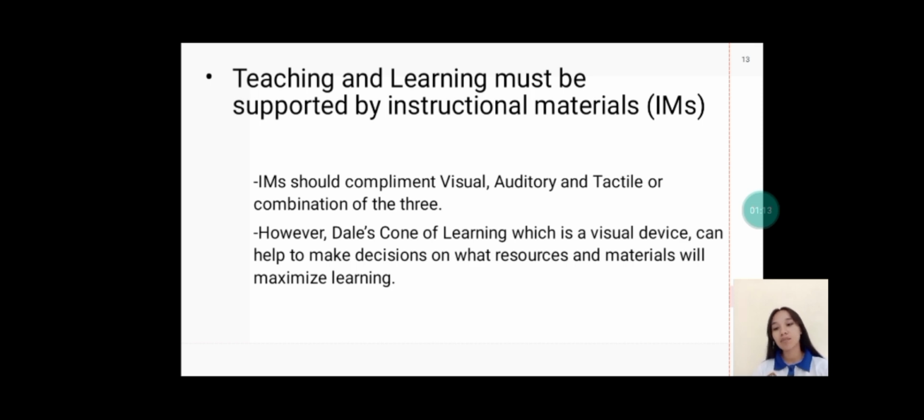However, it doesn't mean that experiential learning is the only effective method that educators should use in teaching. Instead, each stage can be combined as they are interrelated in order to cater to the needs of each student. And this can help teachers to make decisions on what resources and materials will be maximized in learning.